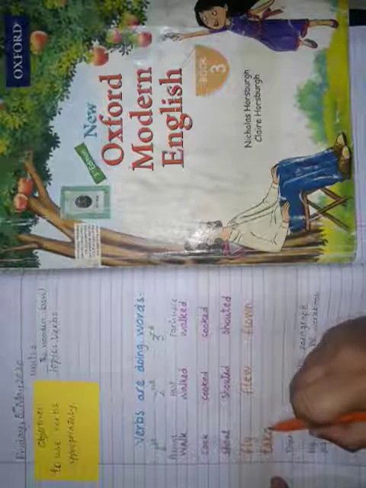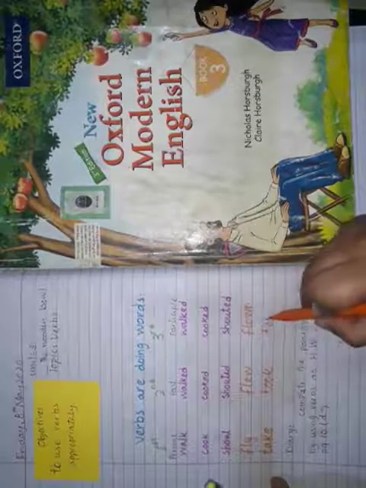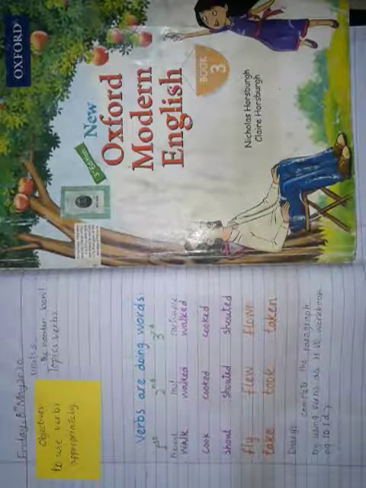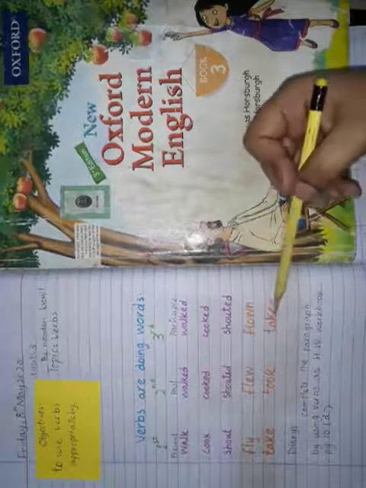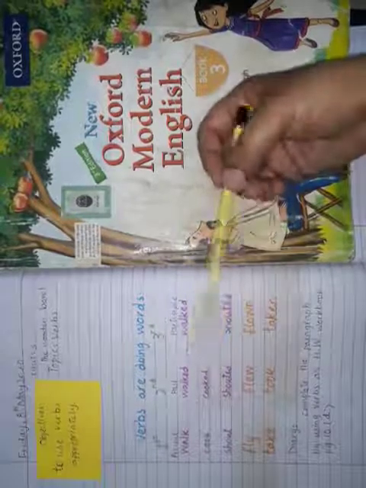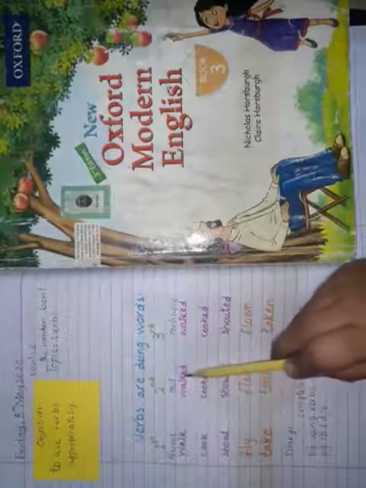Take, took, taken. So fly and take both are irregular verbs, and walk, cook, shout are regular verbs. Why are these called regular? Because they make their past by adding ed.